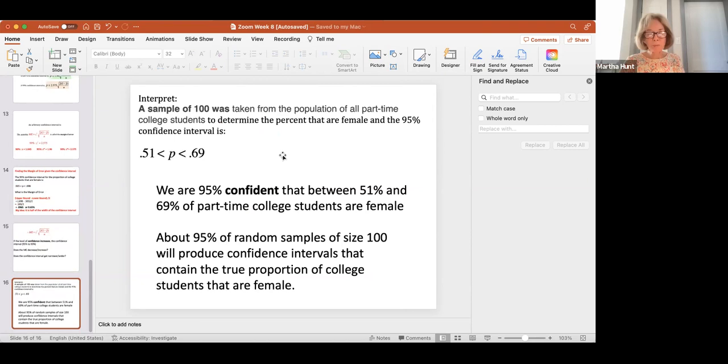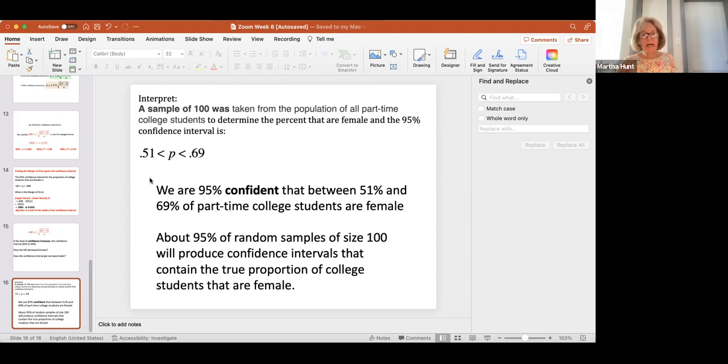How do we interpret a confidence interval? We took a sample of 100 from a population of students, and we want to estimate the proportion that are female. We come up with this 95% confidence interval. You're going to have multiple choice questions on the homework. How do you interpret it? You're going to look for the word confident.